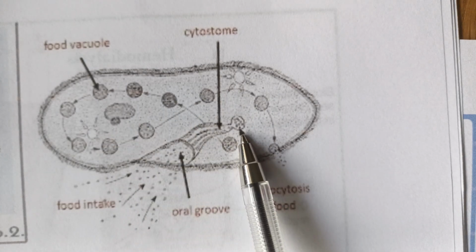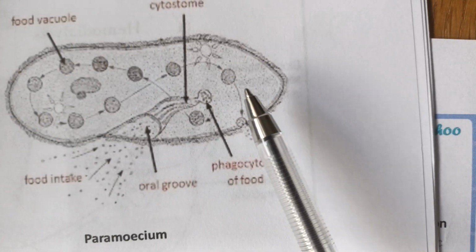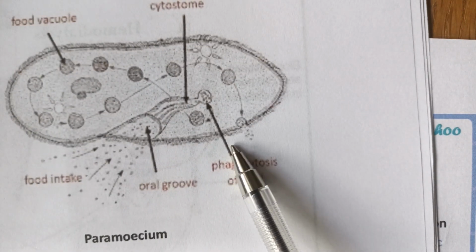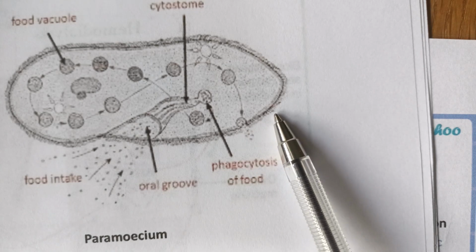It gives rise to food vacuoles. They are digested, and the remaining undigested food is excreted from the cell surface.